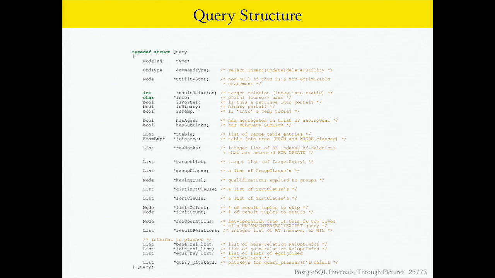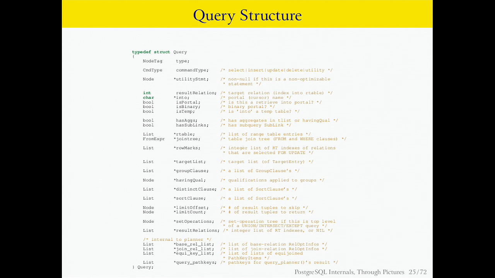So all of the things that I could possibly have. The whole goal of the parser is to basically stuff this thing. Okay? And at the end of this, this query thing gets passed to the next stage, which is the rewriter. So all that parsing, all that scanning is really just trying to fill this in. It's checking for syntax errors.